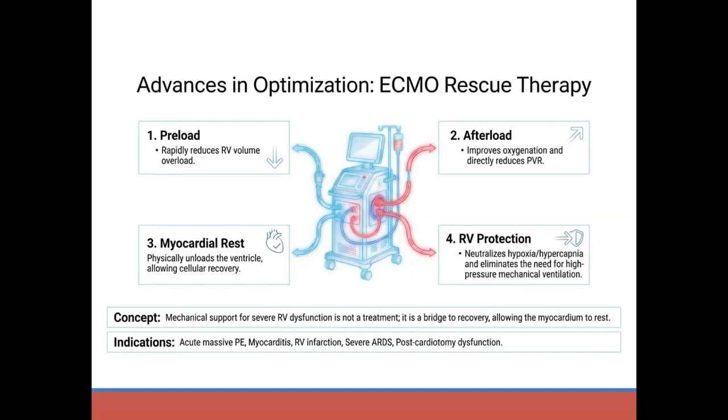Plus, when it drains the blood, it goes to the machine, oxygenation happens, and carbon dioxide is removed. These two are the main factors which control your pulmonary vascular resistance, and that's how it provides RV protection. So if you see a patient where you have no time, or minimum time, to optimize, or the condition requires some kind of mechanical support, then ECMO in selective cases is a solution for your patients.